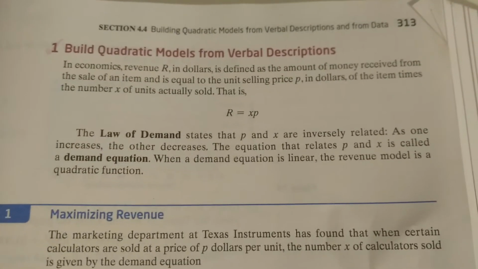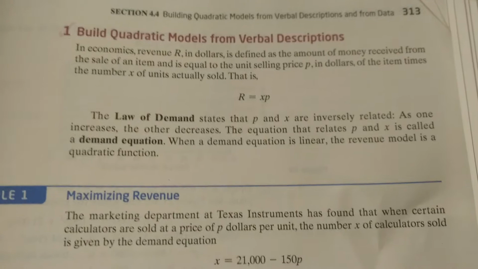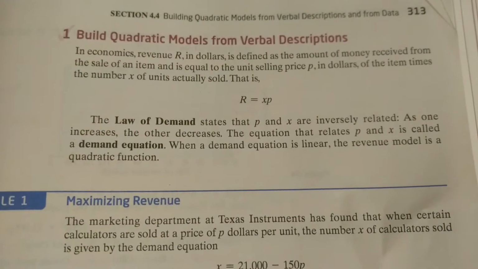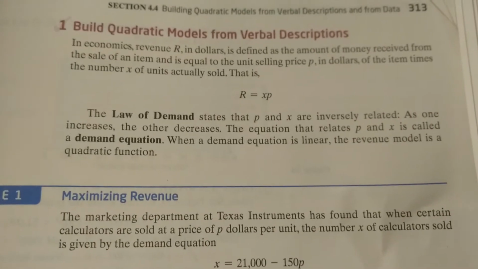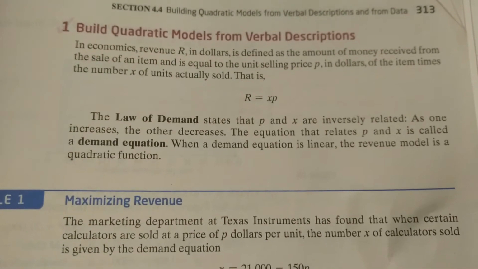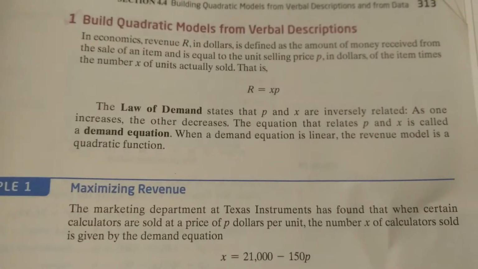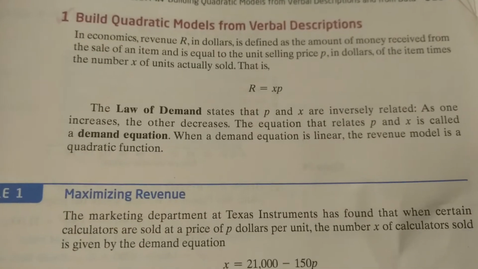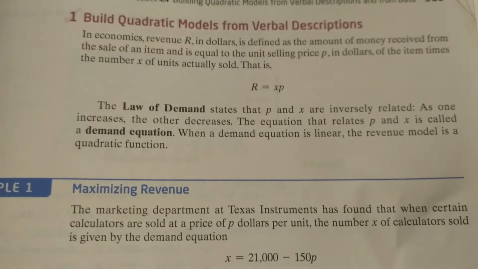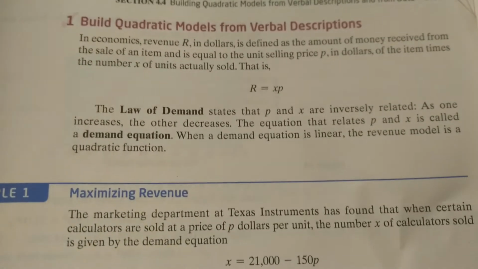All right. So to begin with, up here at the top, it says an economic revenue, which is capital R, in dollars, is defined as the amount of money received from the sale of an item and is equal to the unit's selling price, P, in dollars, of the item times the number X of units actually sold. That is, R, revenue, equals number of items times the price.